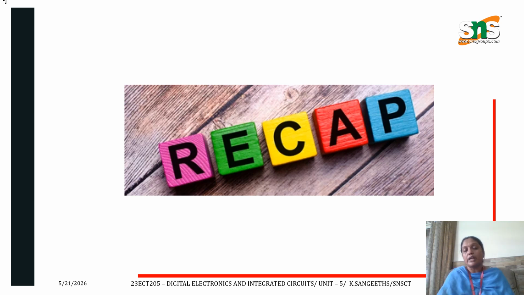There are two types of clipper circuit, positive clipper and negative clipper. In positive clipper, the positive side of the input waveform is clipped, that is removed, and in the negative clipper, the negative side of the input waveform is removed based on the reference voltage.